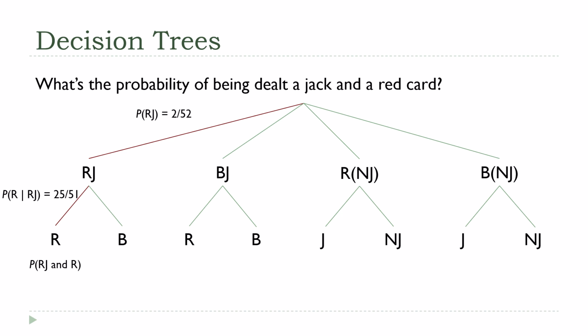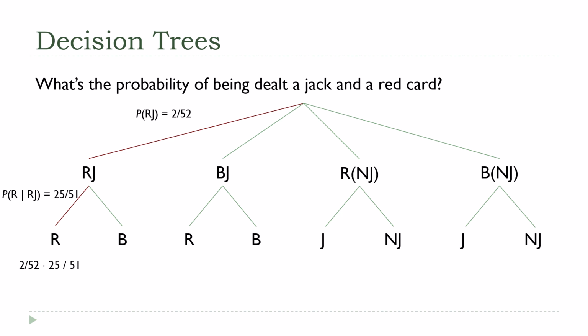The probability of a red jack and then a red card, we use our conditional probability formula, which says it's the product of the individual probabilities: 2 out of 52 times 25 out of 51. Okay, so let's put that up here and hold on to it.